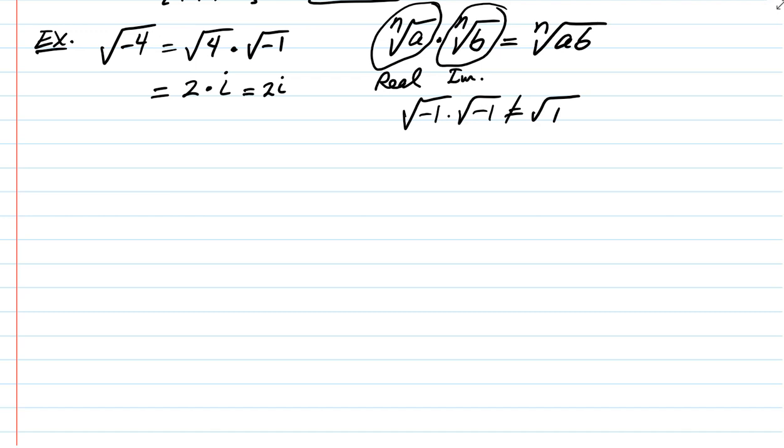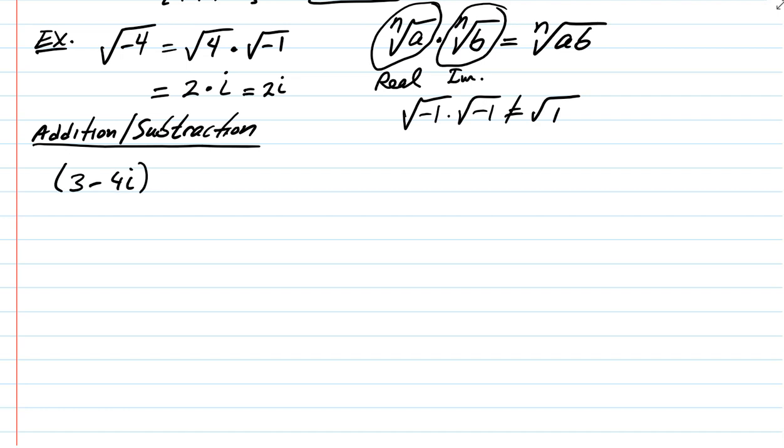Okay, so addition and subtraction. Because they're binomials, we're going to add and subtract just like we do binomials. For example, let's say I have 3 - 4i, and I'm going to add to this -2 plus 6i.